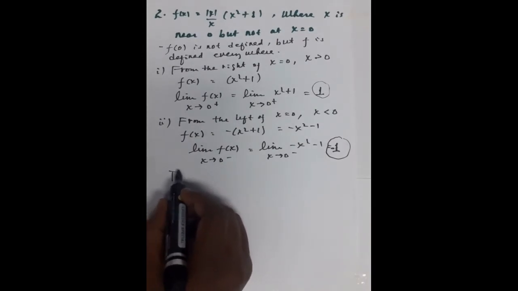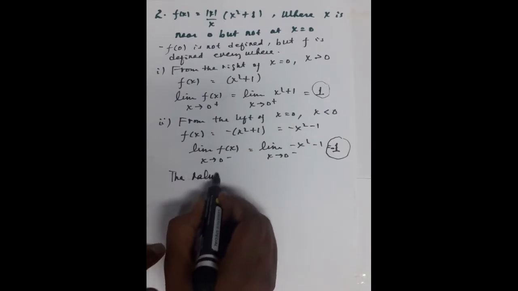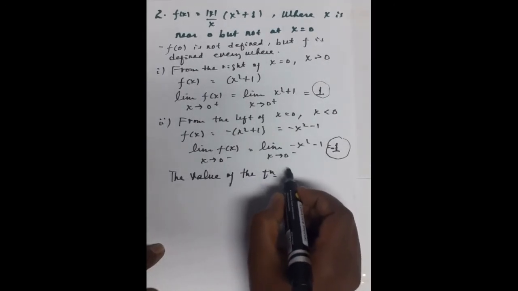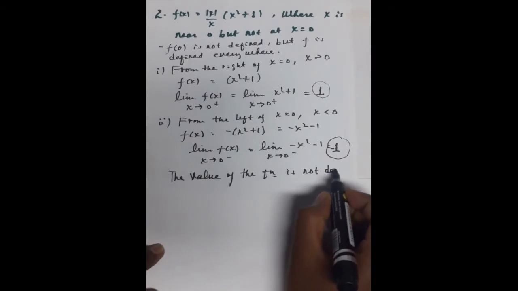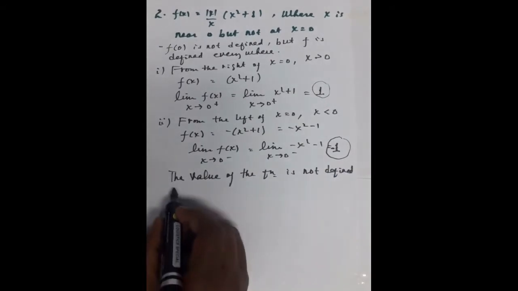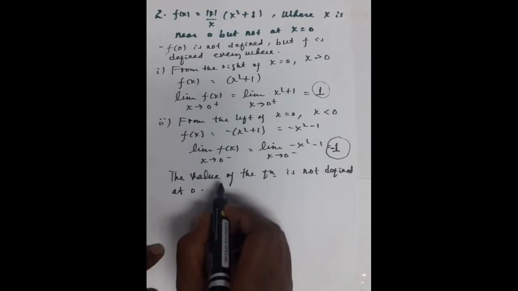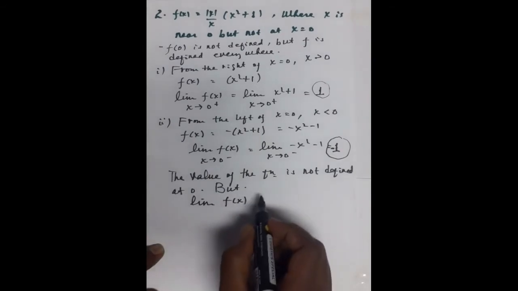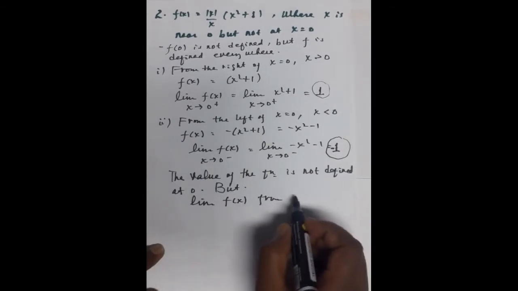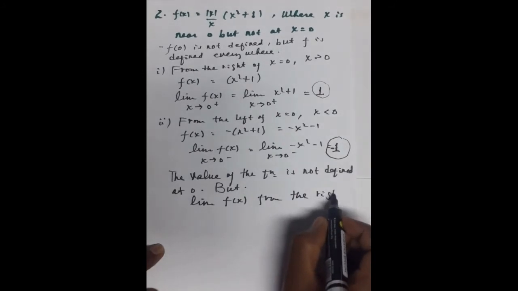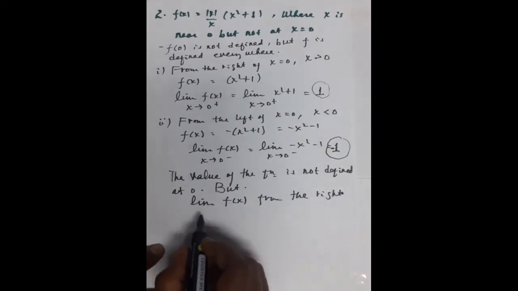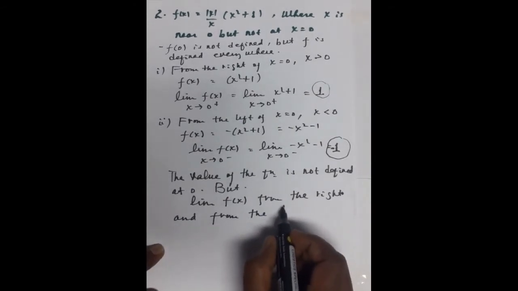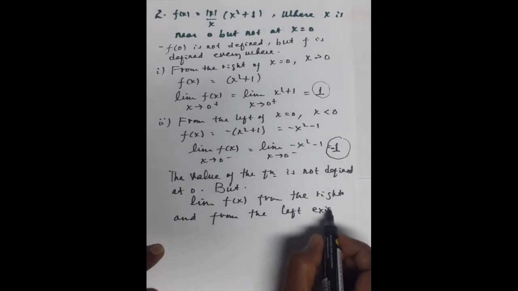We see that the value of the function is not defined at 0, but the limit of the function f of x from the right and from the left exists.